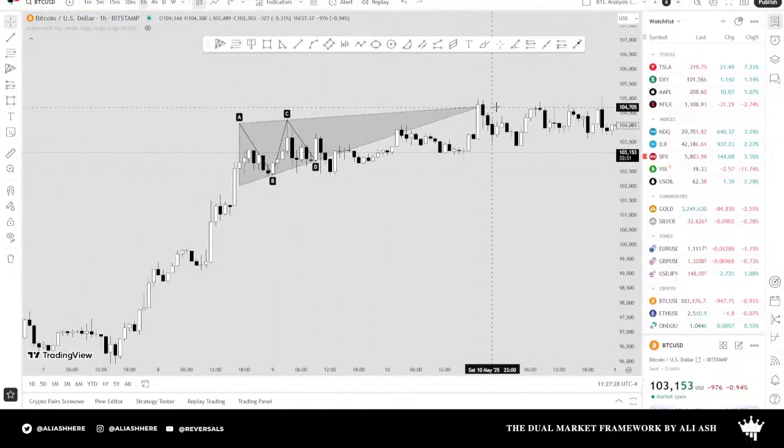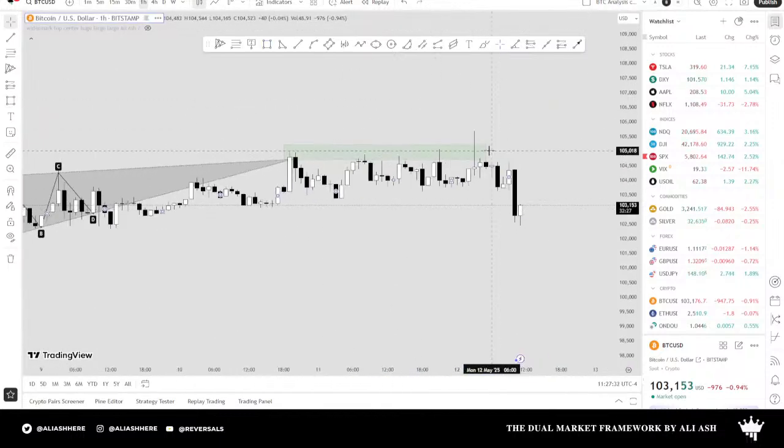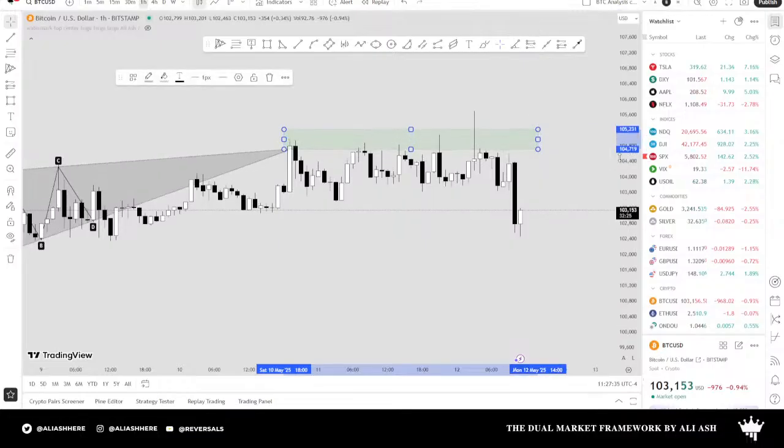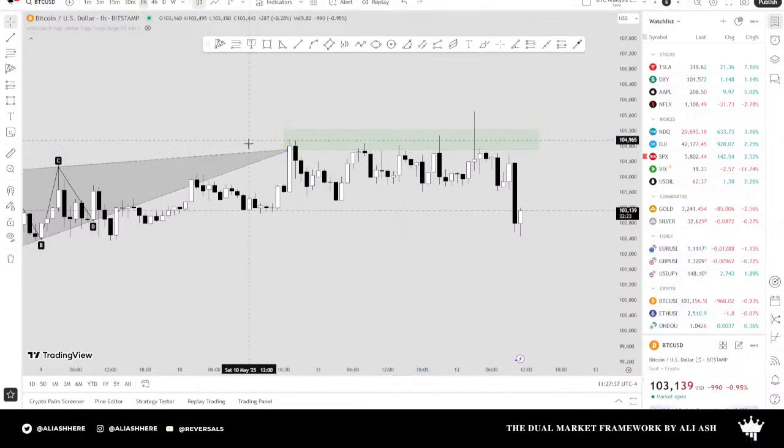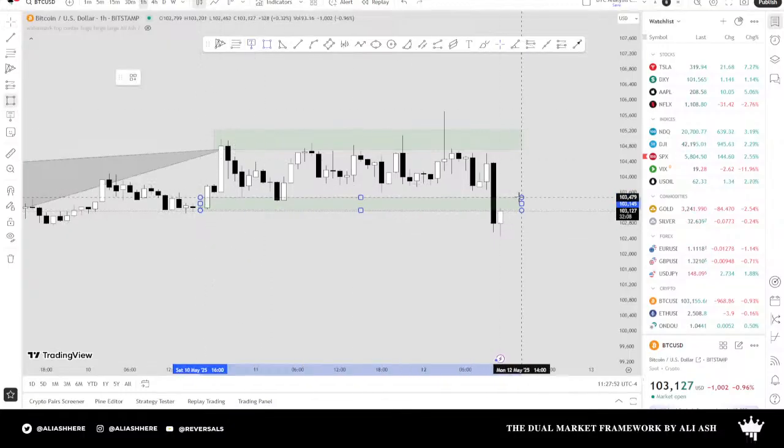Okay, so right here we have the resistance of this pennant, and no candle body was able to close over this pennant resistance, and 105 is likely to be a very major resistance for the all-time highs. So we are building inside liquidity here. If you see, we have a spring trap, and with this we got the stop loss of the retail buyers.